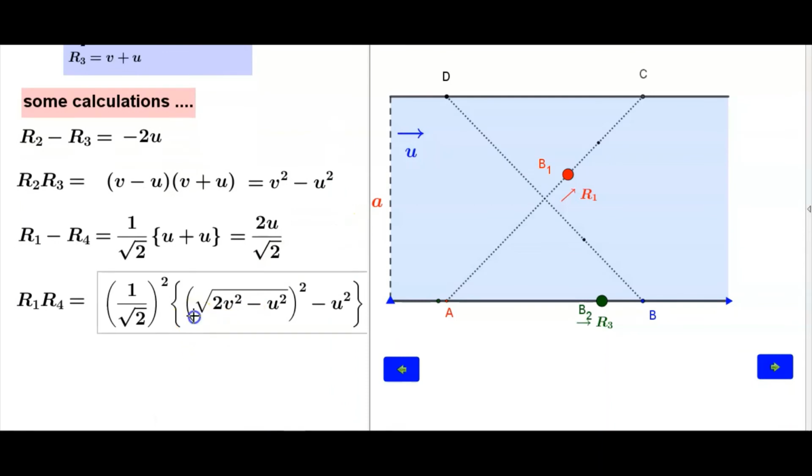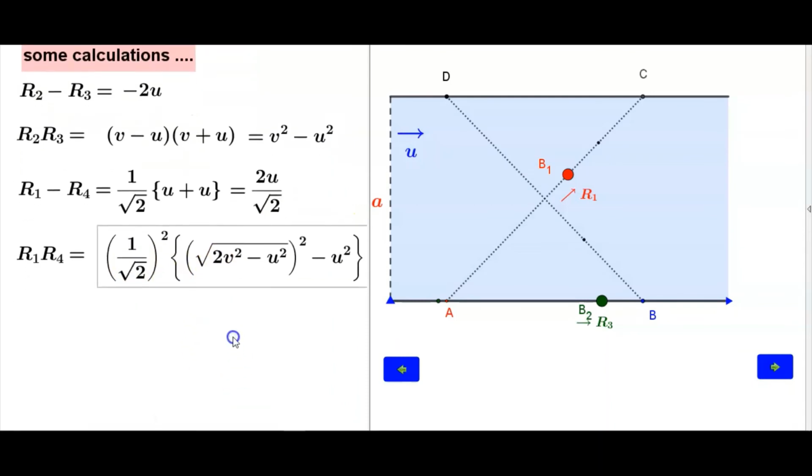This is our product of R1, R4. When we simplify, 1 over root 2 all squared is 1 over 2, into the bracket. The square root and square cancel, therefore 2V squared minus U squared. Here also minus U squared, therefore 2V squared minus 2U squared.